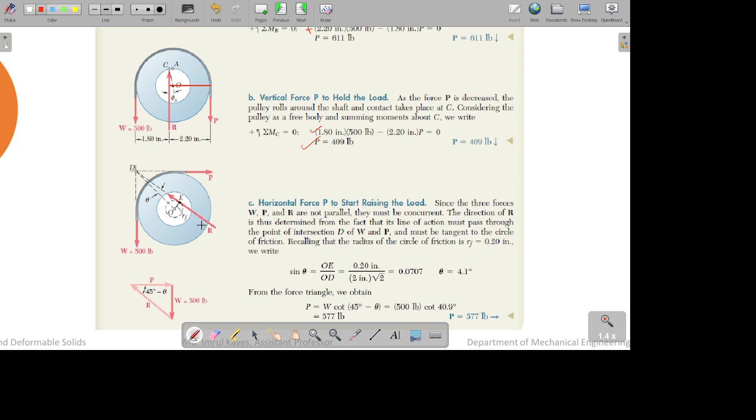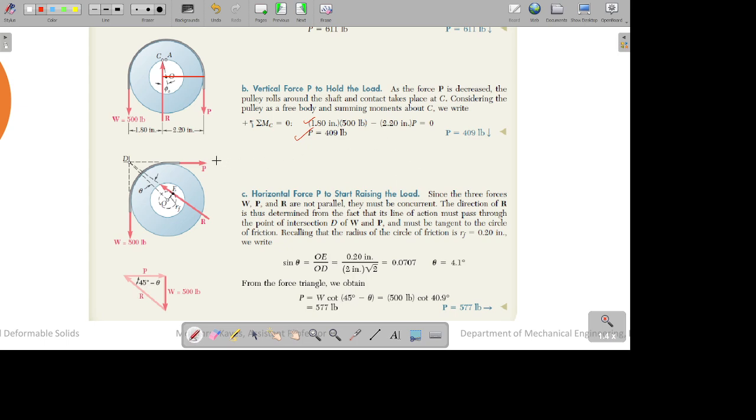Why will they pass through the same line? Because if you try to draw a triangle over here, this is your P, this is a vector, right? This is your P and this is your W. The summation of these two vectors by the rule of vector addition will be somewhere around here in the middle.